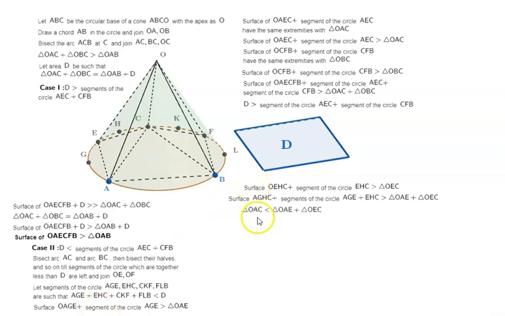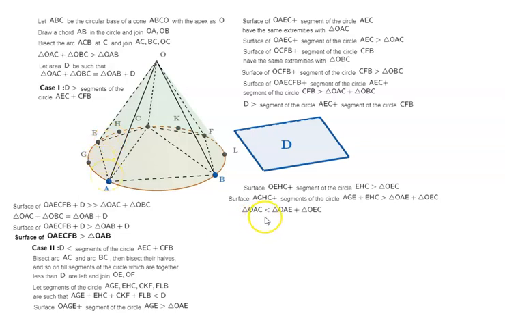Now triangle OAC is less than the triangle OAE plus triangle OEC. Why? Because again their extremities are same, but the triangle OAC is inside these two triangles.